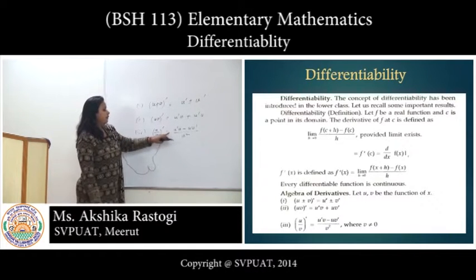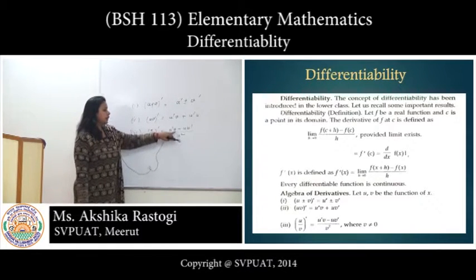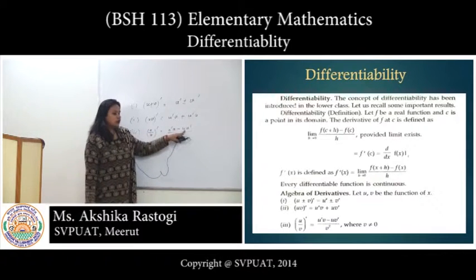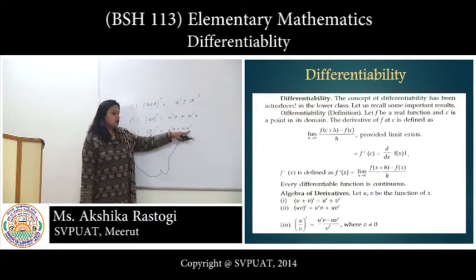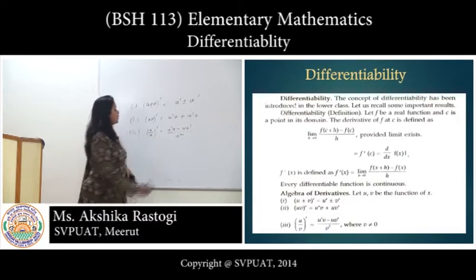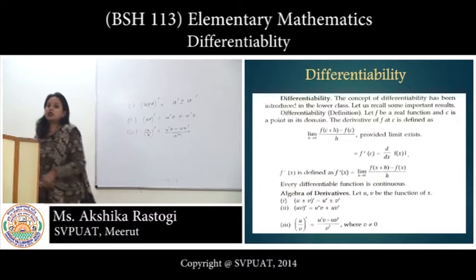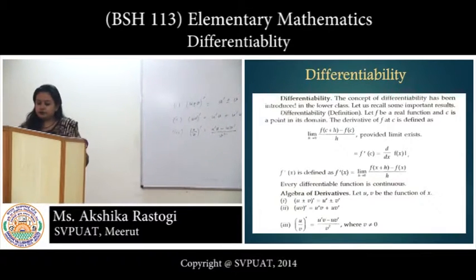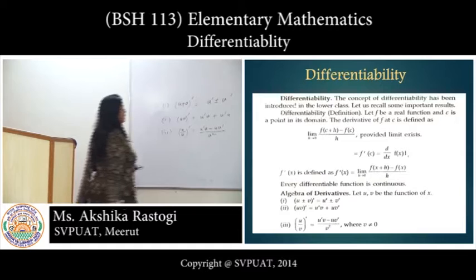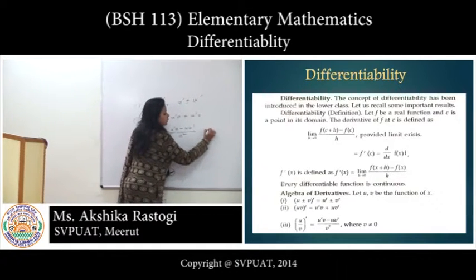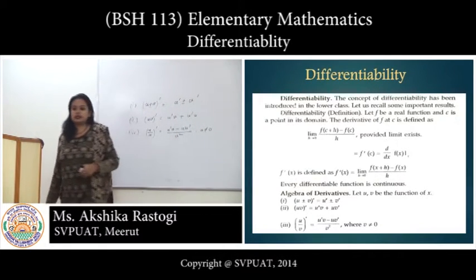Means differentiation of the first function, the other function is in the product as it is, minus the first function as it is, and this time differentiation of the other function, and in the denominator we have the square of the second function. And of course, it is necessary that v should not be equal to 0.